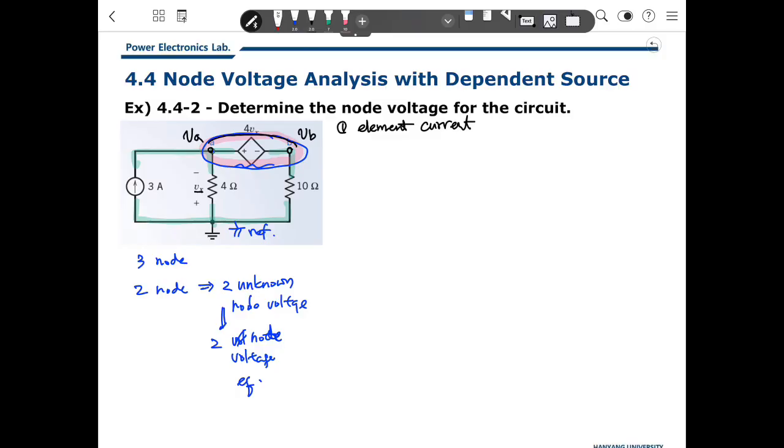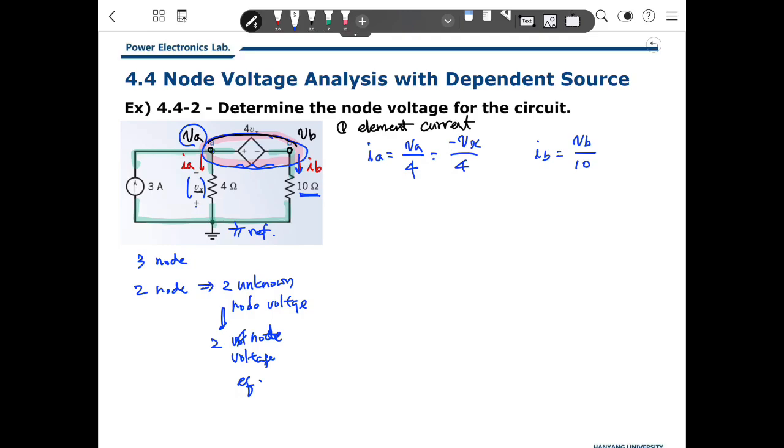Then the current here is IA, and the current here is IB. IA is VA divided by 4, but VA is 4 minus Vx, and the current going into this is VB divided by 10.